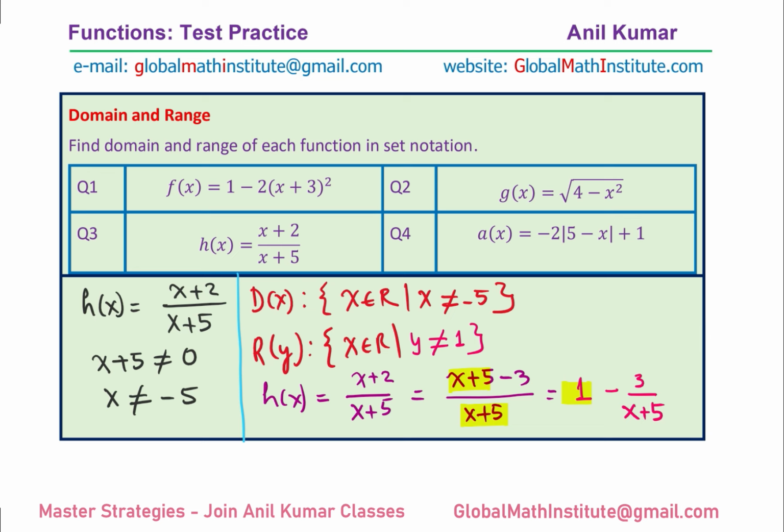Here, 1 is your horizontal asymptote, right? Now, the other way you could see it is by comparing the coefficients of numerator and denominator, which have the same degree. Some of you could also sketch this function, if you are doing it at an advanced level at this stage. So minus 5 is the vertical asymptote, which is a restriction, right? If I put 0 here, I get 2 over 5, which is positive.